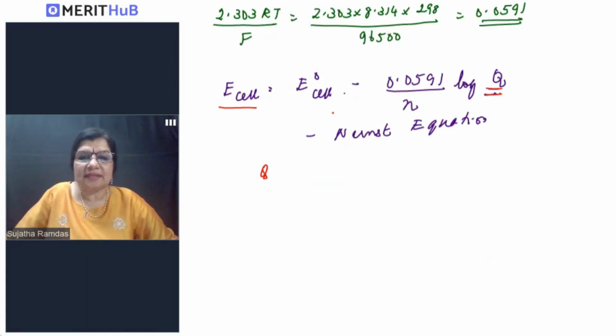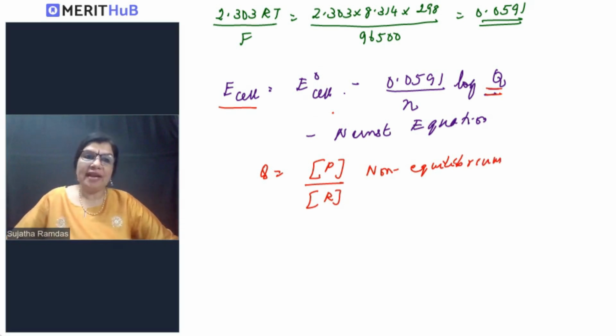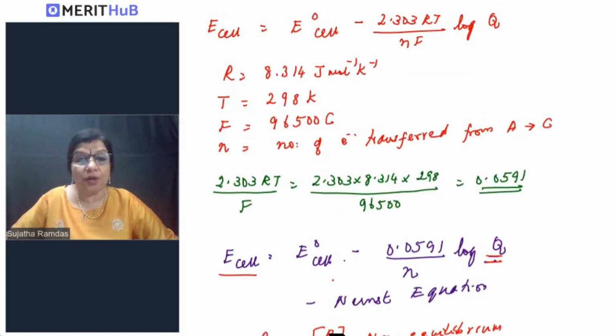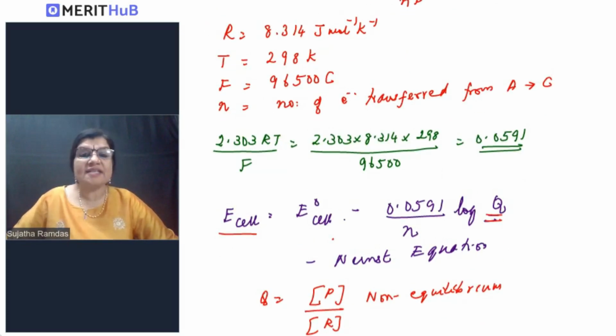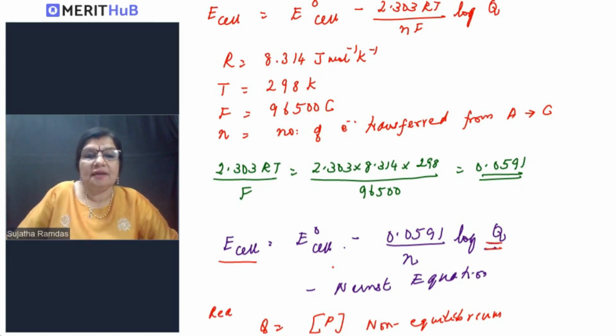Now Q is nothing but the concentration of the product divided by the concentration of the reactant under non-equilibrium conditions, when the reaction has not attained equilibrium. That ratio is what is referred to as the reaction quotient.